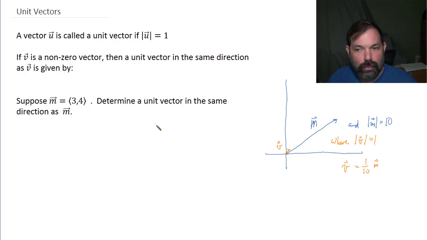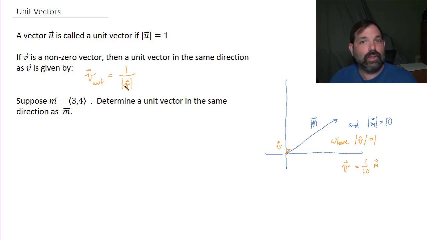So in general, if v is a non-zero vector, then a unit vector in the same direction of v is like this. The unit vector, and I'll put a little notation here, the unit vector would be 1 over the magnitude of the v vector.